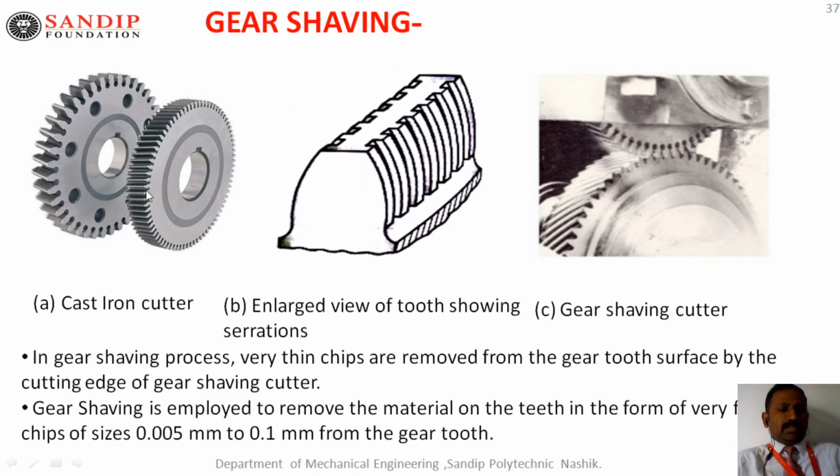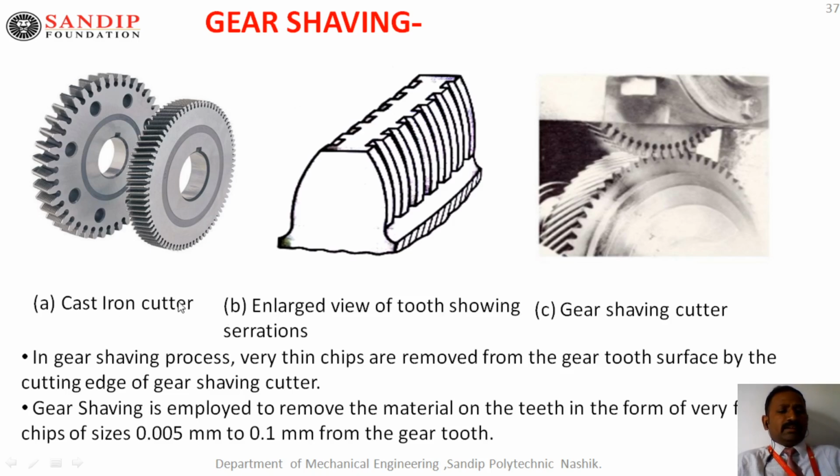Observe the gear shape. This is the standard gear with a sharp cutting edge. When that gear meshes with the other gear blank, it removes the burrs or whatever extended portion is on the teeth. That is the finishing.